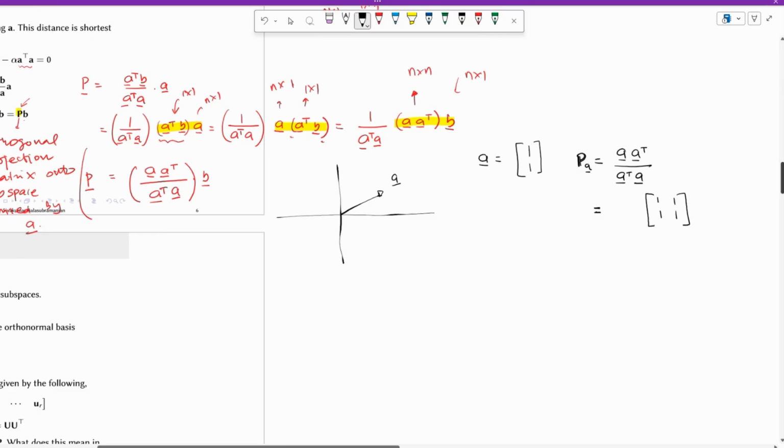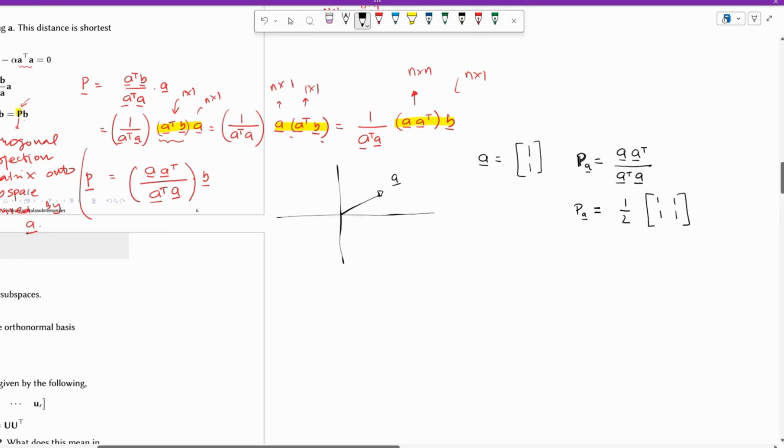And there is also a denominator, 2. That's it. That's the orthogonal projection matrix onto the subspace spanned by 1 1.